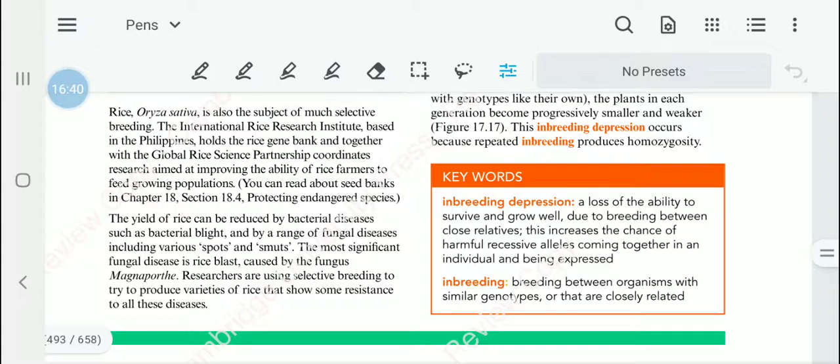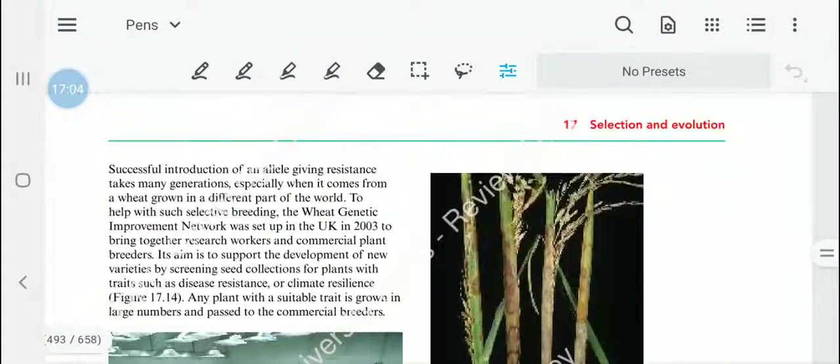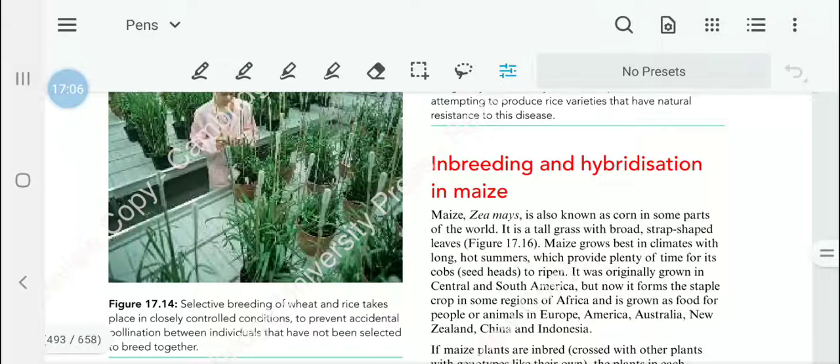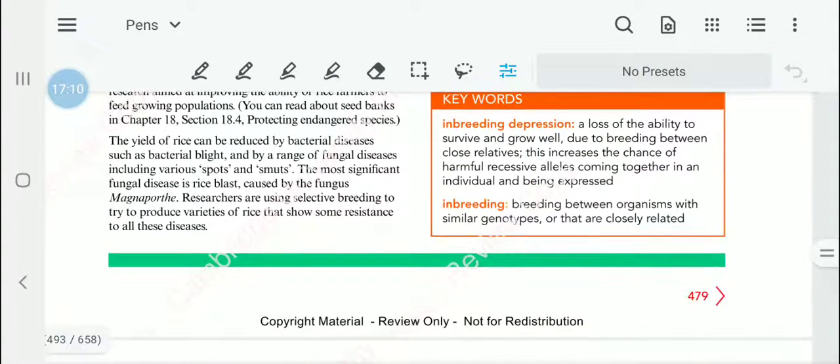Now there are bacterial blight and different fungal diseases which create spots and smuts on these rice plants. These are eliminated by using plants that show resistance to these diseases. They develop them, and as a result they are able to produce better plants, right?